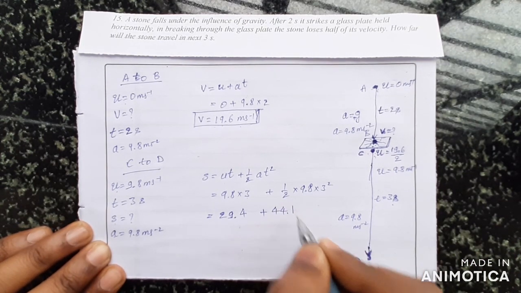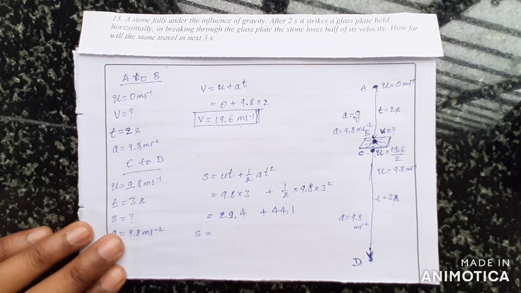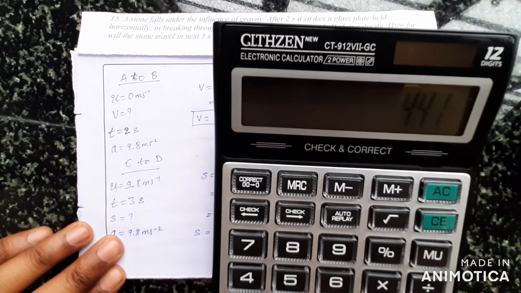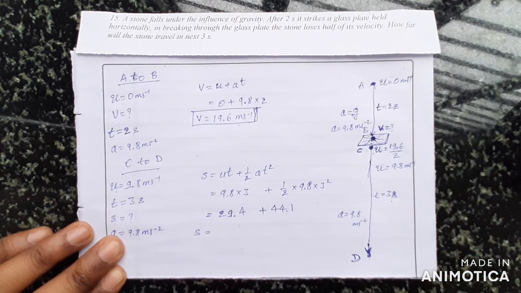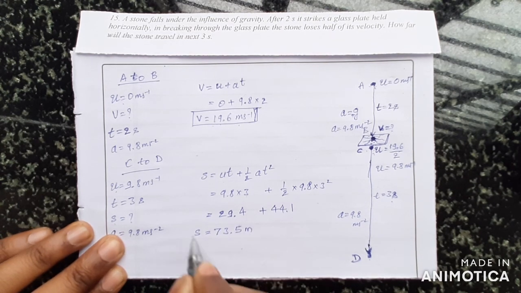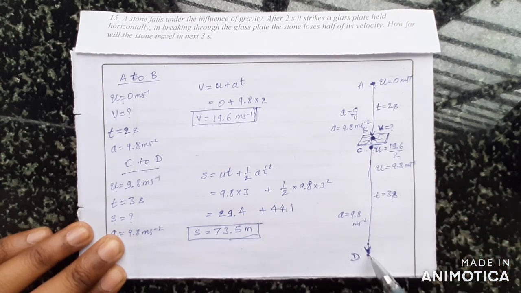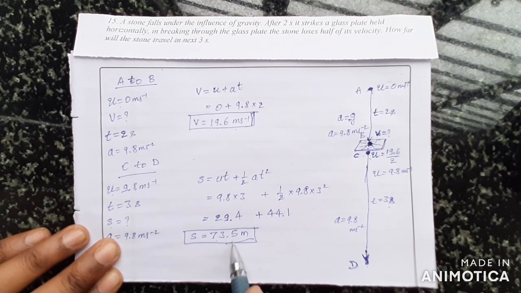So 44.1 plus 29.4 is 73.5 meter. So in the next 3 seconds from C to D, the body travels a distance of 73.5 meter.